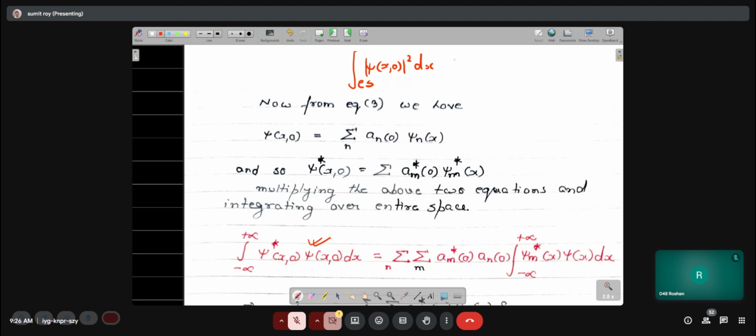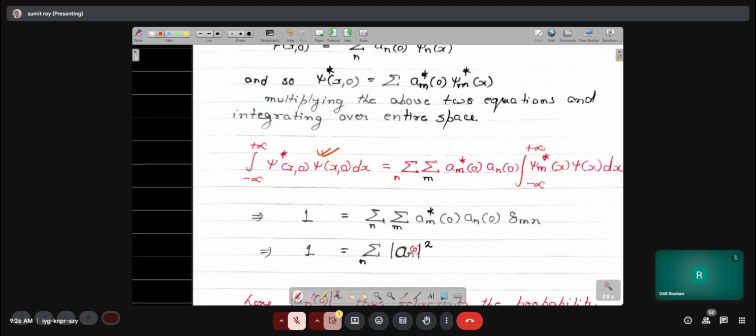Yes, sir. Should be equal to 1. So this left hand side becomes 1 and the right hand side you can see this is summation over n summation over m a_m conjugate at 0 time a_n at t equals to 0 delta mn.